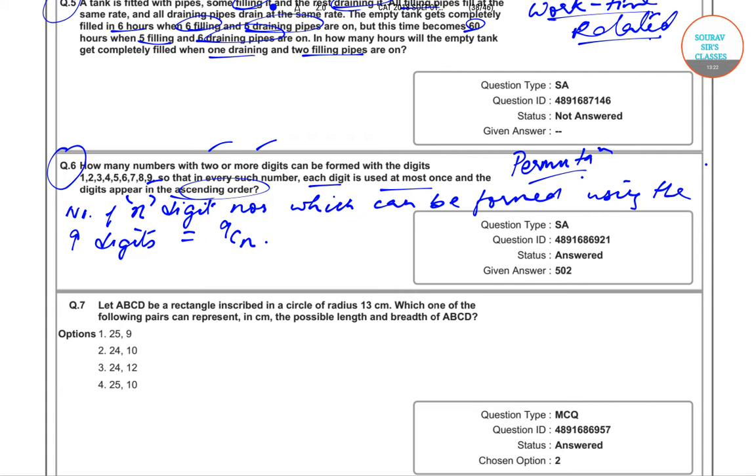So if we consider 2-digit numbers, that will be 9C2. If we consider 3-digit numbers, that will be 9C3, and so on, up till the number of 9-digit numbers which can be formed using 9 digits, that will be 9C9.